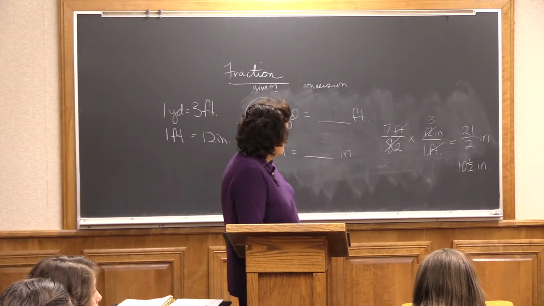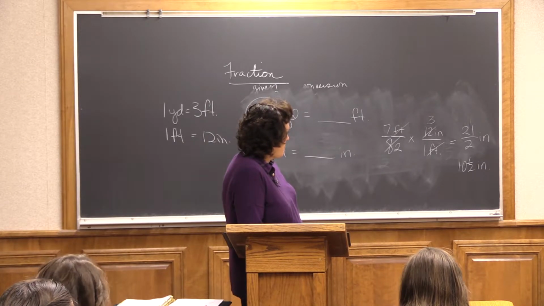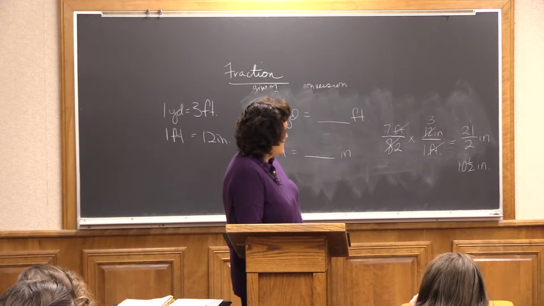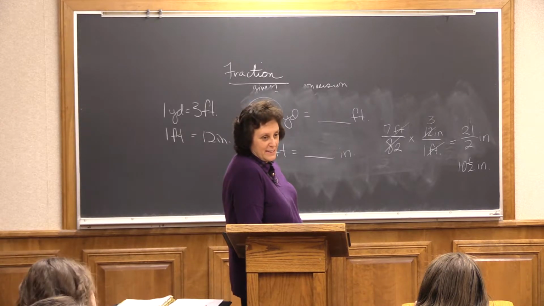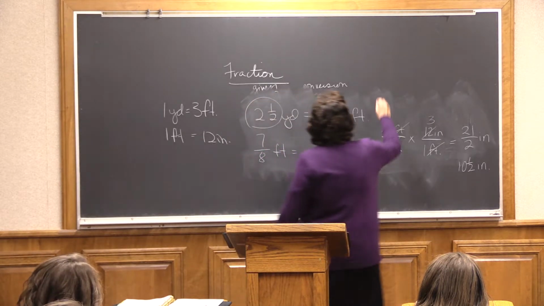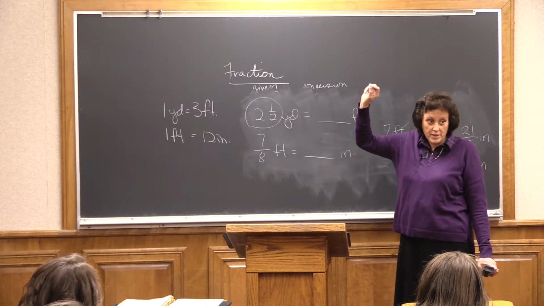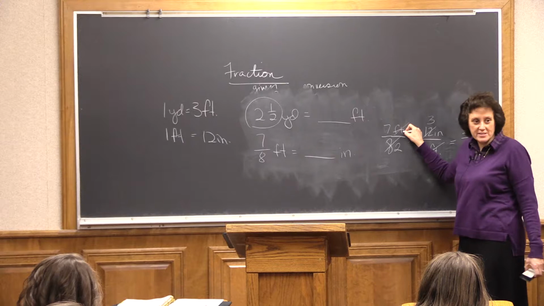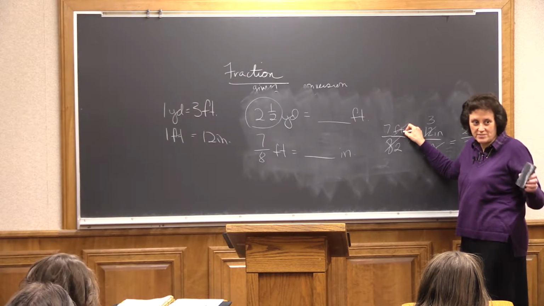I don't know if this is a really stupid question, it probably is, but why do you put the feet on the top and not on the bottom? Because if it was on the bottom, it would be per foot. For example, rates have the unit on the bottom. I'm putting the feet on the top because it's a whole, it's in the numerator, it's feet.